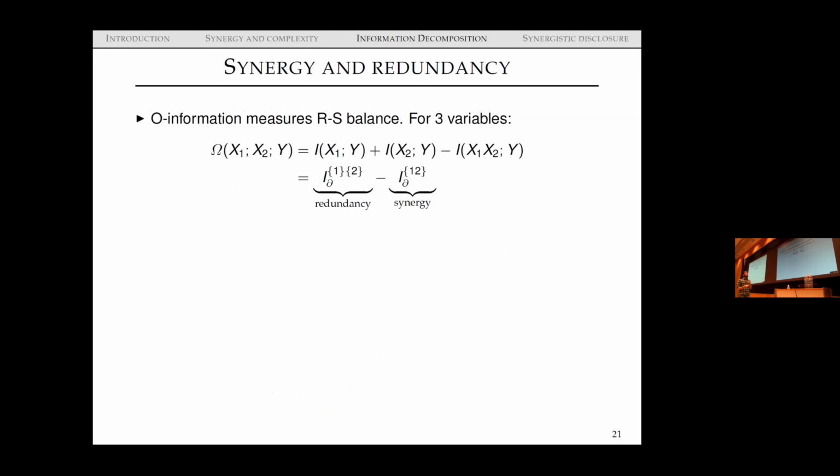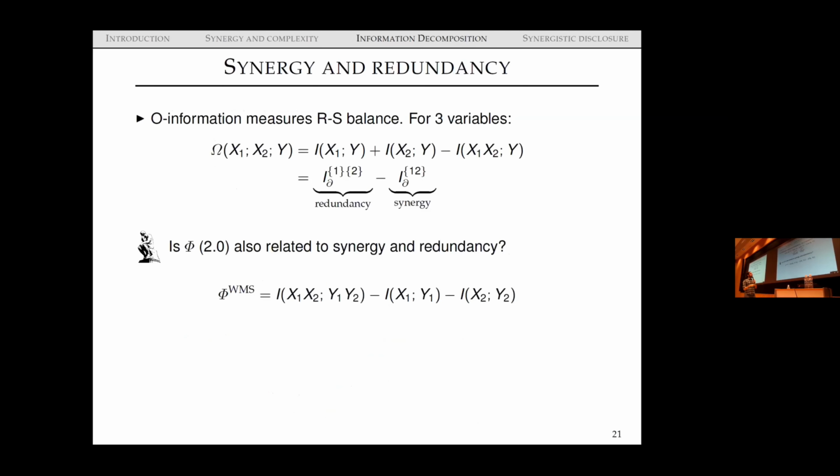Okay? Now, let's look at phi. In particular, I'm going to talk about phi in this IIT2 sense, as introduced by Giannoni and Lucy in 2008, and also developed by Barrett and Seth in 2011. We have this measure that we're going to call phi whole minus sum, to distinguish it from several other proposed measures of phi. And this goes like that.